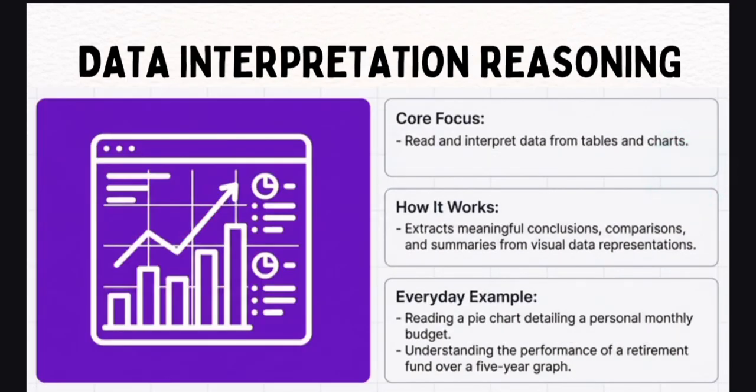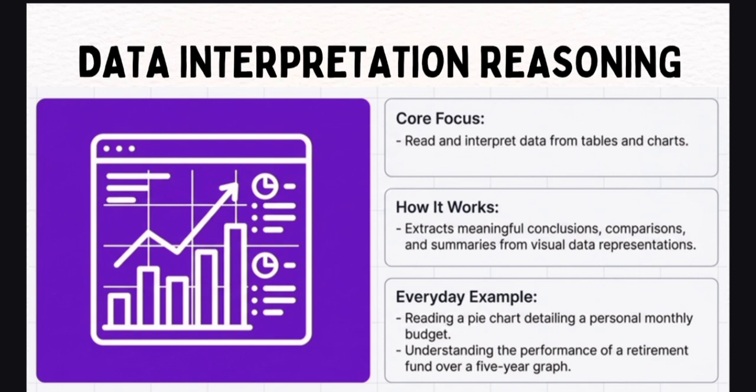Now let's move on to the last one, data interpretation reasoning. Here the data is read and interpreted from tables and charts. Data interpretation reasoning extracts meaningful conclusions, comparisons and summaries from visual data representations.